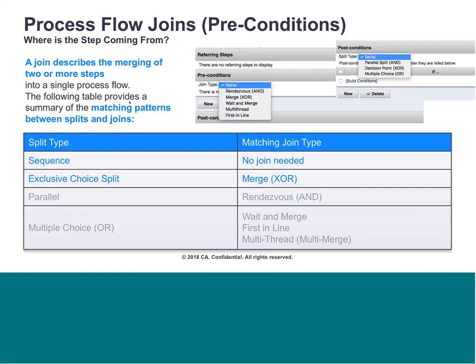But today we're only going to focus on 2, which is the no join needed or the merge, which are the 2 that match up to interpreting our 2 splits that we've just added. So we've split our process, and now we need to join it back together because we can only have one path end in the end of our process. So let's go ahead and add our preconditions now.